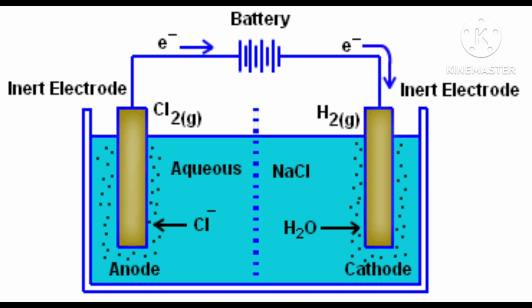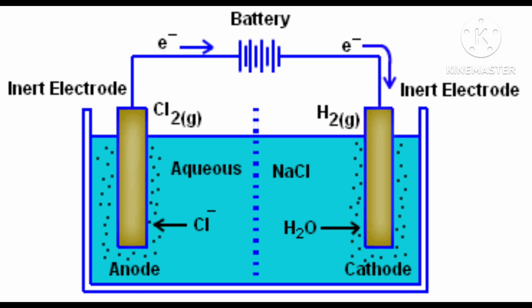Suppose you have three electrolytic cells, and in every cell there are different electrolytes. Maybe in one there is sodium chloride, another potassium chloride, in the third magnesium chloride, in the fourth calcium chloride.